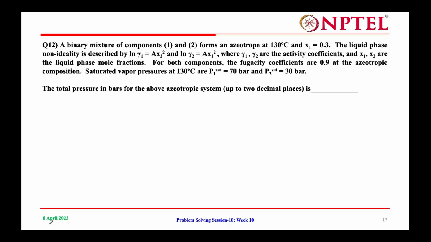Question number 12. Binary components 1 and 2 form an azeotrope at 130 degrees Celsius and x1 equal to 0.3. The liquid phase non-ideality is described by ln gamma 1 equal to a x2 squared and ln gamma 2 equal to a x1 squared, where gamma 1 and gamma 2 are the activity coefficients and x1 and x2 are the liquid phase mole fractions. For both components, the fugacity coefficients are 0.9 at the azeotropic composition.